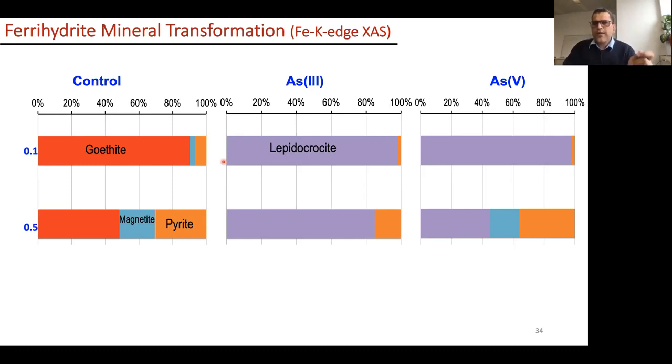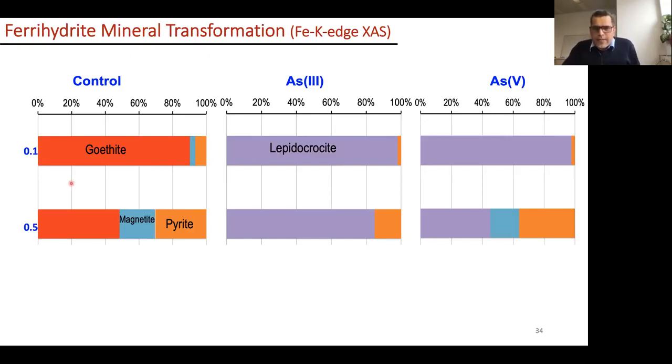So we started with ferrihydrite. If we didn't have arsenic, we would have gotten mostly goethite. When we had arsenic soaked, the mineral transformation was to lepidocrocite. So it has implications for remediation, for how stable your system would be, and for the longevity of how much contaminant you can hold, and mobility as well.